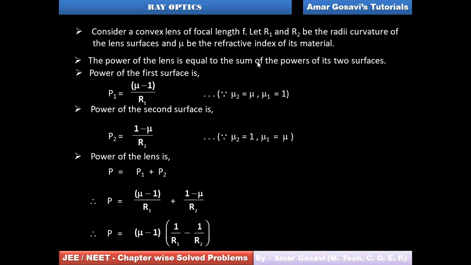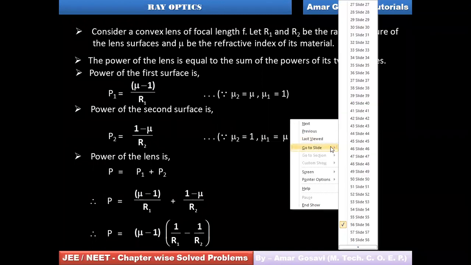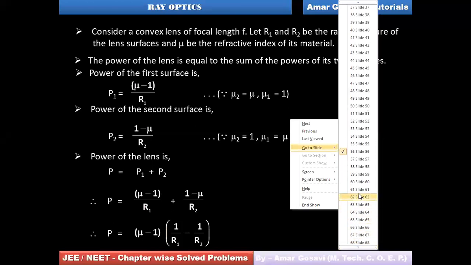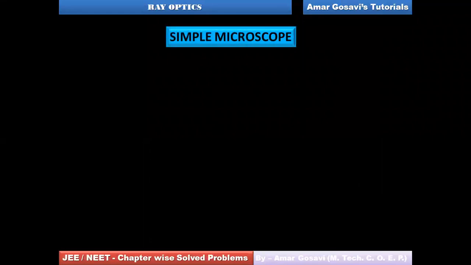Initially, we want to see how we apply the lenses to the concept of a simple microscope. Just give me a moment before I share that slide with you. So let's see what a simple microscope is, and how we apply the concept of lenses to it.